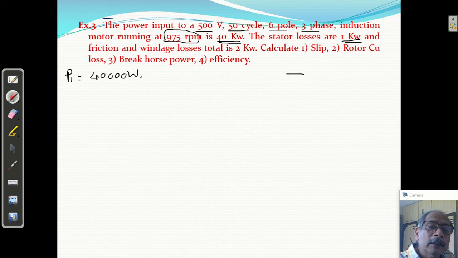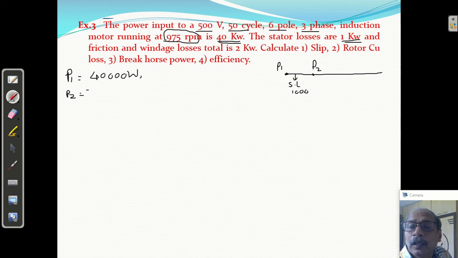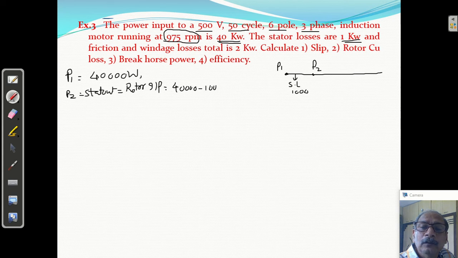If you draw the power stages, P1, stator losses is given, 1000 watt. 1 kilowatt means 1000 watt. You will get P2. So P2 equals stator output and rotor input: 40,000 minus 1000, you will get 39,000 watt.